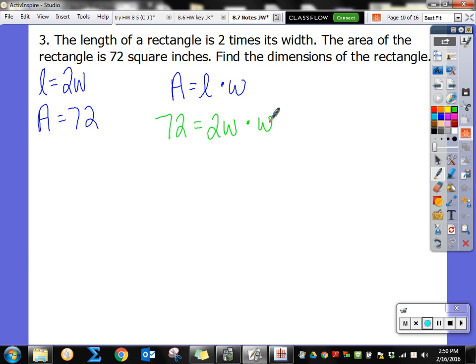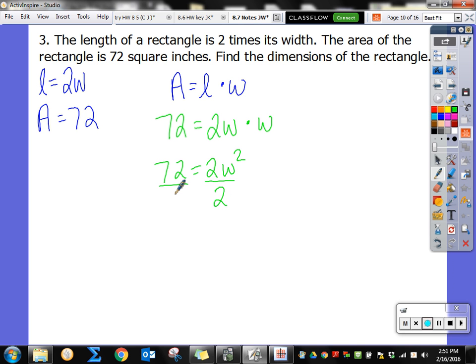So then if I actually multiply that, that gives us 72 equals 2w squared. You'll see this a lot in geometry, where you're not even going to have to factor this. If you have a squared term, but not a first power term, then you could technically get that w squared by itself.